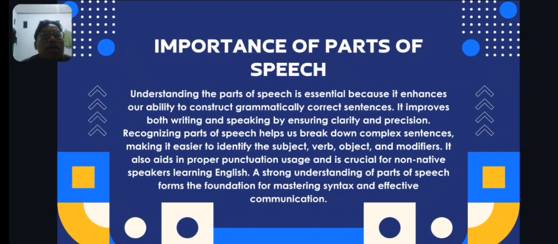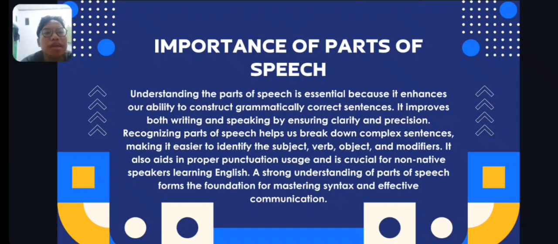So this is the importance of parts of speech. Understanding the parts of speech is essential because it enhances our ability to construct grammatically correct sentence. It improves both writing and speaking by ensuring clarity and precision.